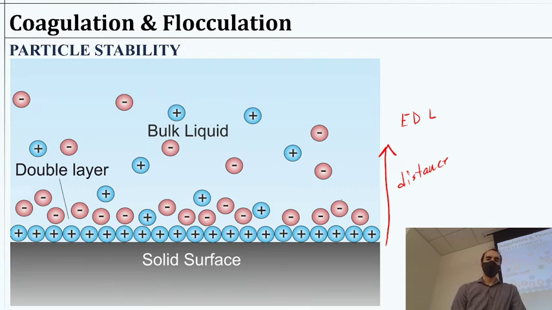So you could then say you're detecting a significant electric field out some distance away from this particle, and you're sensing it based on that double layer distance. However far this double layer goes out into solution.